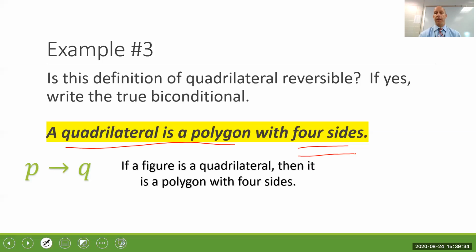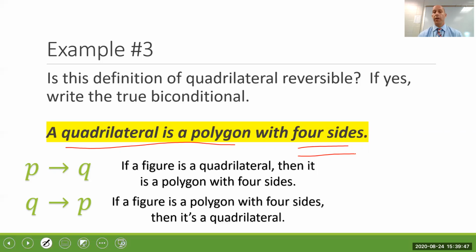So we could say, if a figure is a quadrilateral, then it is a polygon with 4 sides. The converse of that would be, if the figure is a polygon with 4 sides, then it is a quadrilateral. So we've just shown that this is reversible, because these 2 statements could represent the statement up above.